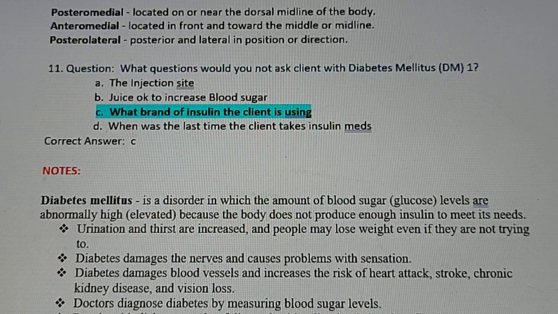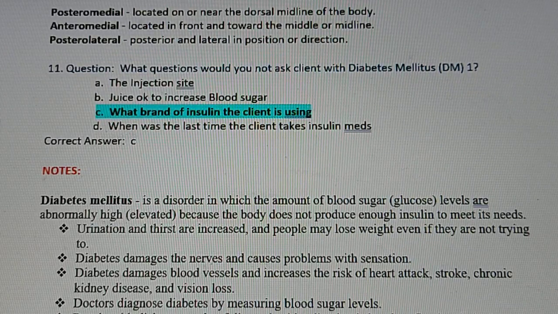The next question is question 11. What questions would you not ask a client with diabetes mellitus type 1? The choices are A, the injection site, B, is juice okay to increase blood sugar, C, what brand of insulin the client is using, D, when was the last time the client took insulin meds?